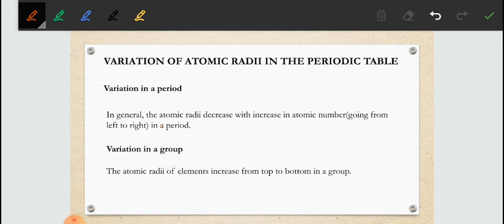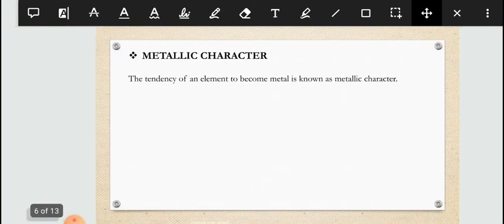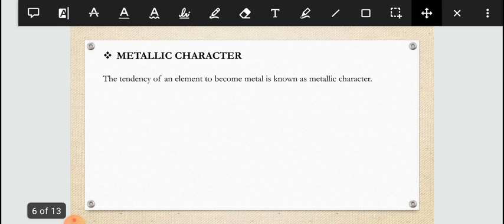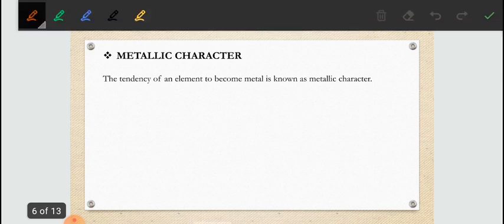Okay, now let's move to another property, that is metallic character. Metallic character means tendency to form metals. Okay, the tendency of an element to become a metal is known as metallic character. And now the question is, what do you mean by metal? Metals are those which can lose electrons.